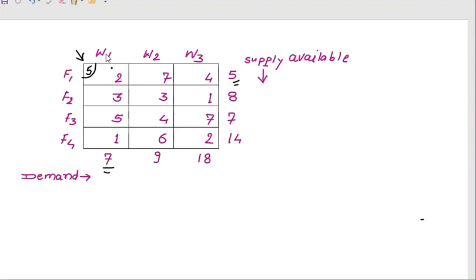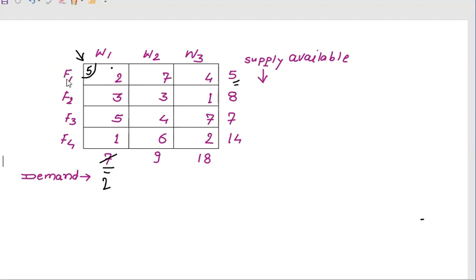At the warehouse W1, original requirement is 7. Out of 7, 5 units are transported. So now the requirement at this warehouse is 2. Now either move to the right hand cell 1,2, or we have to move to the down cell 2,1. Now what happened?